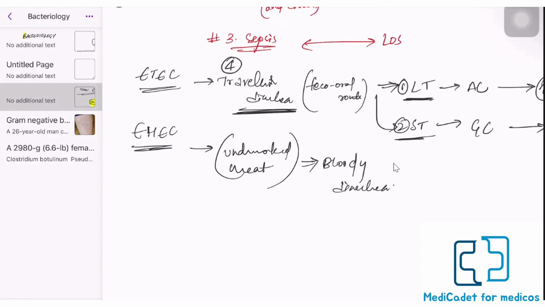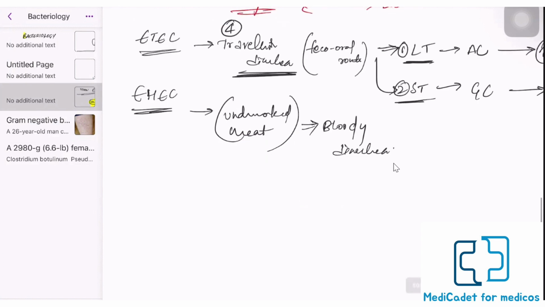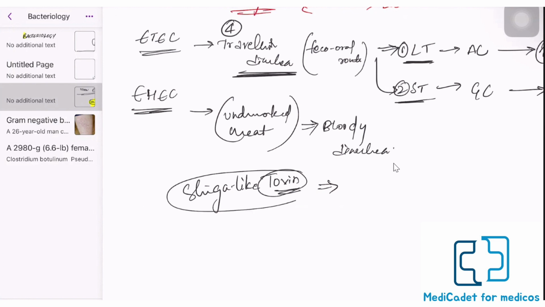So what happens? There is this toxin, and the exact name is Shiga-like toxin. Why? Because the toxin behaves similar to Shigella.